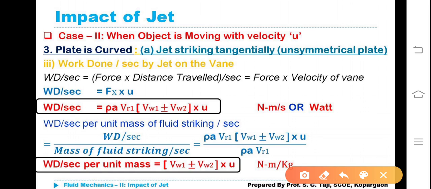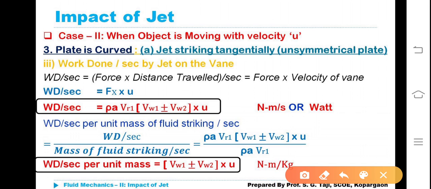Therefore, work done per second per unit mass of fluid striking per second is the work done per second divided by the mass of fluid striking the plate per second. Then rho A VR1 whole multiplied by VW1 plus or minus VW2 multiplied by U, divided by rho A VR1, which is nothing but the mass of fluid striking per second. Therefore, work done per second per unit mass, simplified, is VW1 plus or minus VW2 multiplied by U, Newton meter per kg.